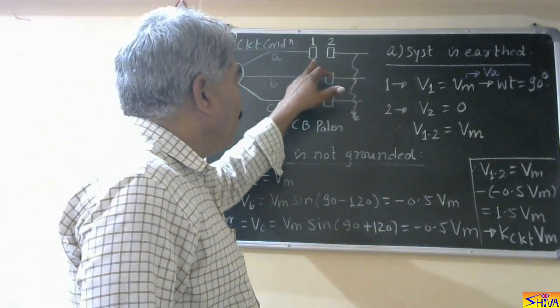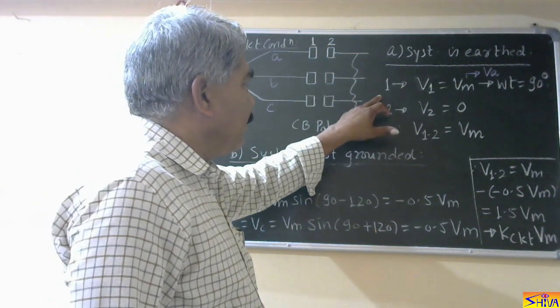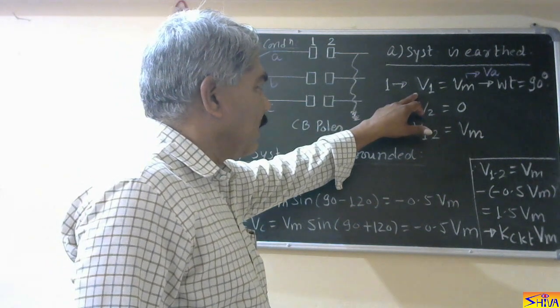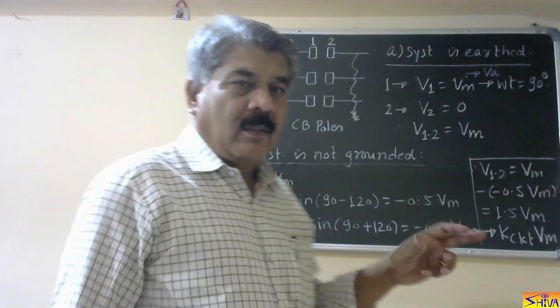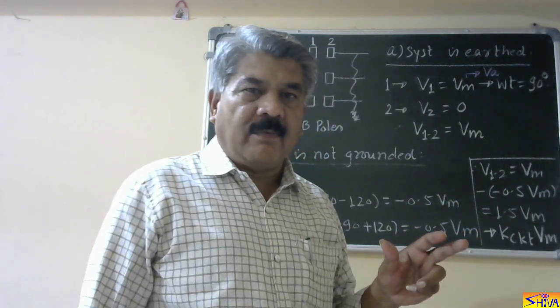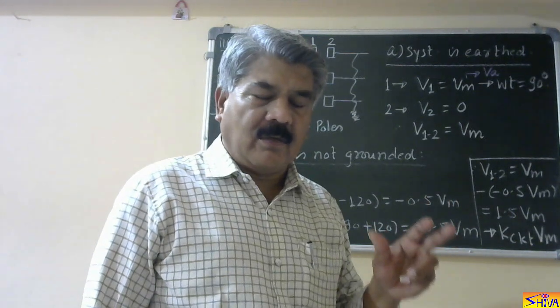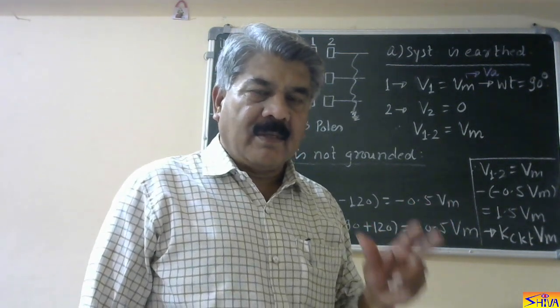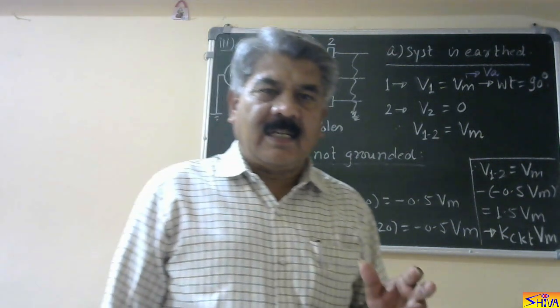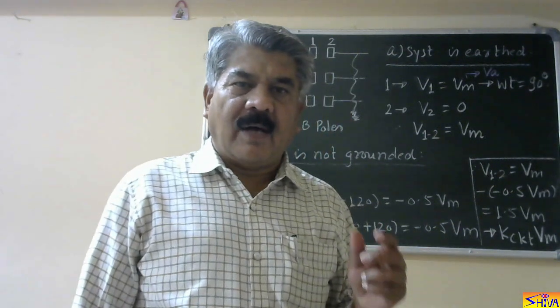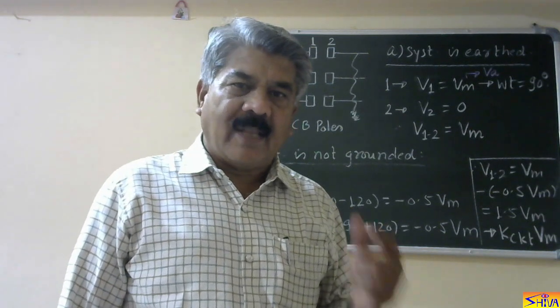Now pole 1 of phase A, let us say its potential is V1. So that will be equal to VA, that is the A phase voltage. Now VA is Vm sin omega t. Now the power factor angle is 90 degrees, so at the instant of arc interruption, omega t is 90 degrees.